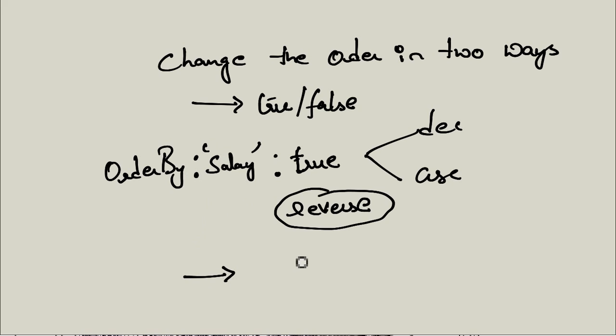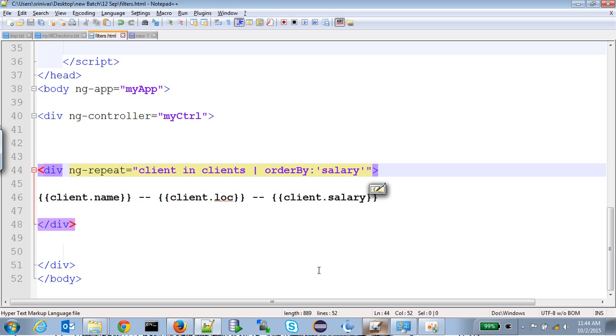The second way is, while giving the parameter to this filter, we can say minus salary. It will reverse the order for the salary property in that object. So we can reverse this order in two ways.